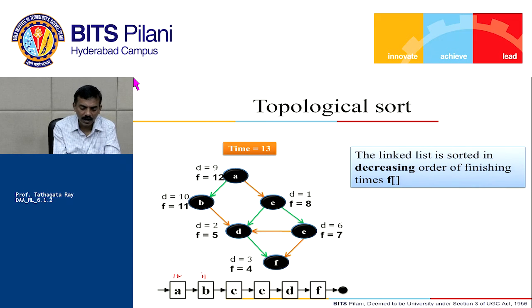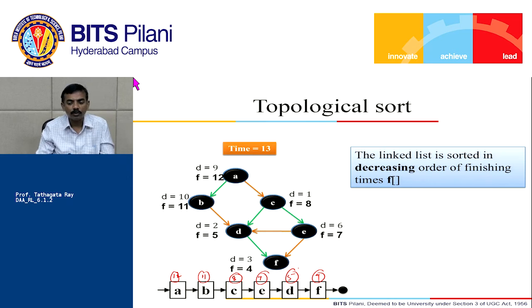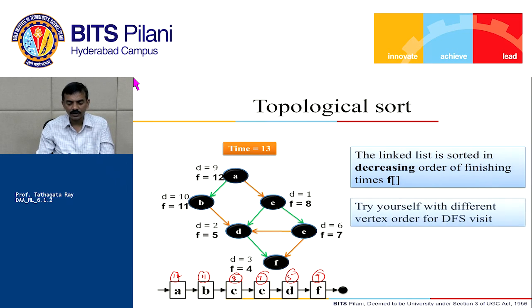Node C? It is 8. Node E? It is 7. Node D? It is 5. Node F? It is 4. So you got a decreasing order of finish times. That's your output. So the linked list is sorted in decreasing order of finish times.